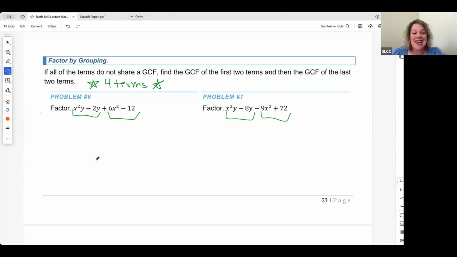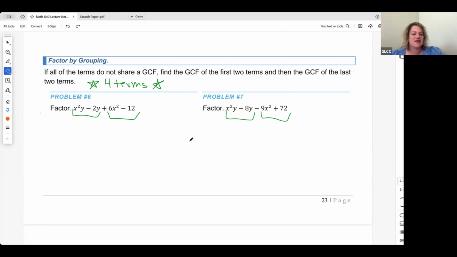Before you start any kind of factoring, you should look at the whole polynomial and say, is there anything I can take out of everything? Nope. Is there anything here I can take out of every term? No. So step one, always take the GCF out of all the terms. And then step two, you can factor by those groups.